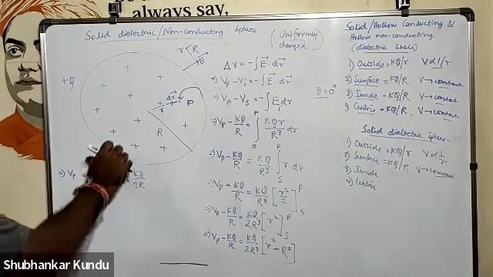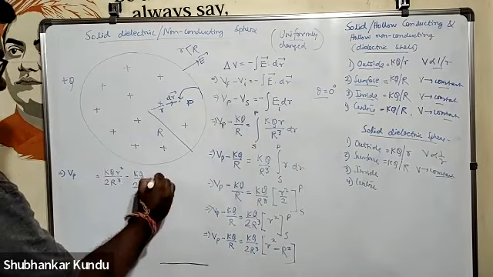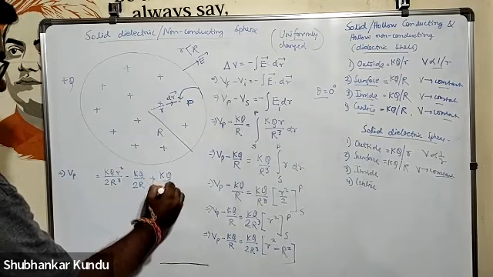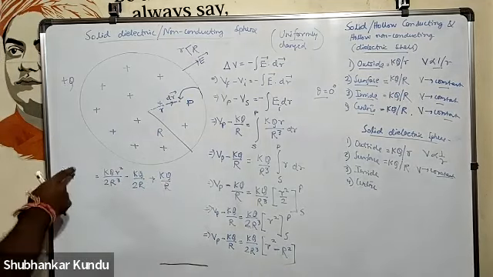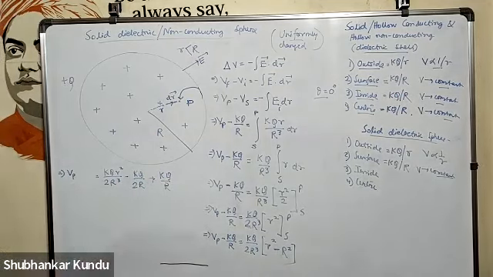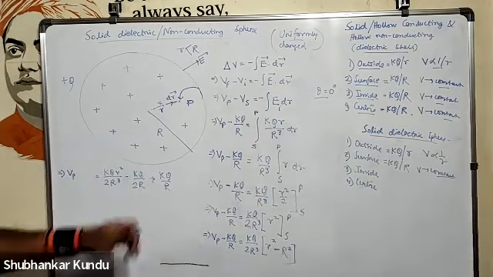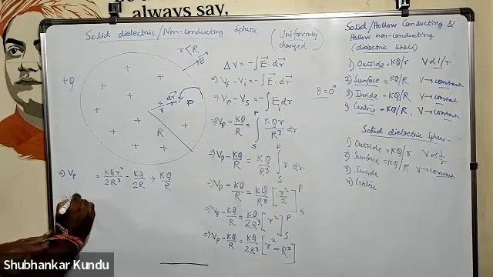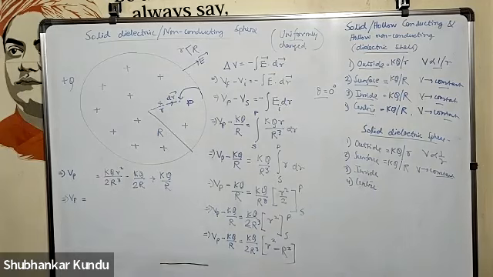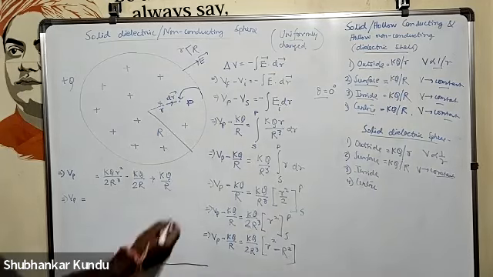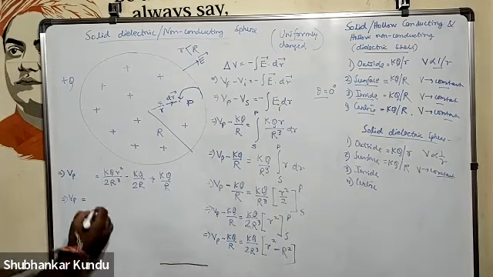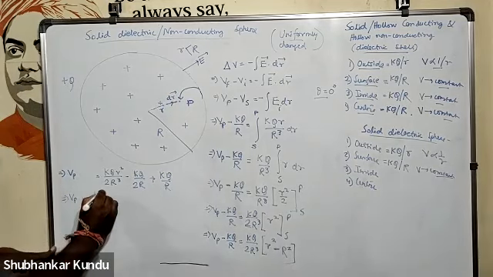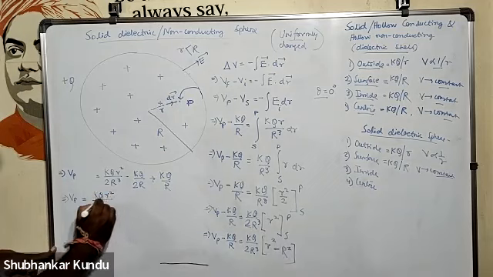It will be plus KQ upon R. On this side it was minus KQ upon R, on changing the side it will go there as plus. Right? Vp is equal to, calculate this one, KQ r square by 2R cube.